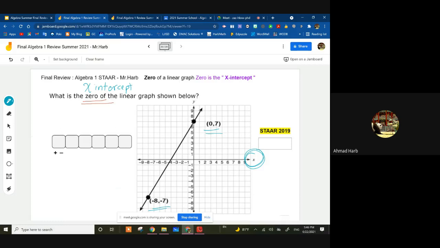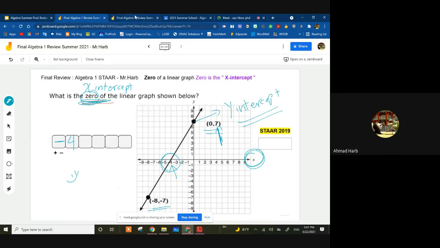No, it's asking me about the zero. That means wherever it crosses the x-axis, which in this case is negative 4. It's asking me about the zero, so the answer is negative 4. Most students would put the 7. But the 7 in this case is where it crosses the y-axis. So this is called the y-intercept. Okay, so be careful. What does it ask me for? Zero means the x-intercept.